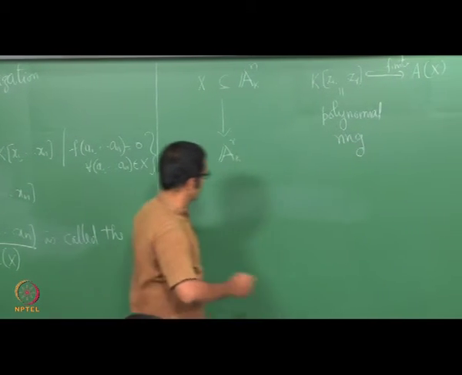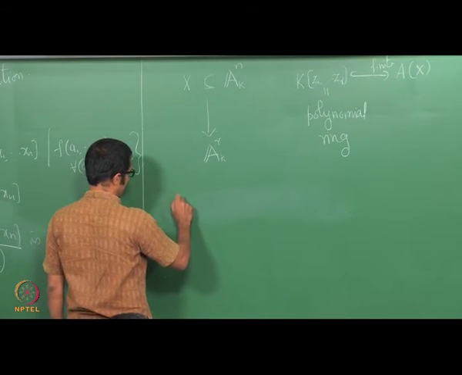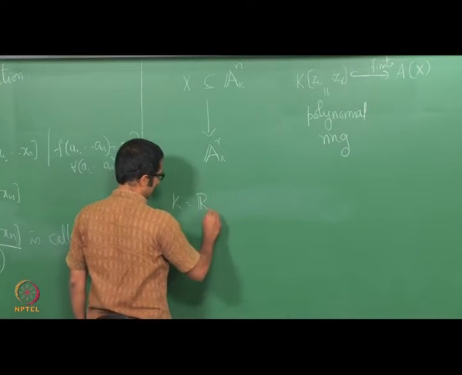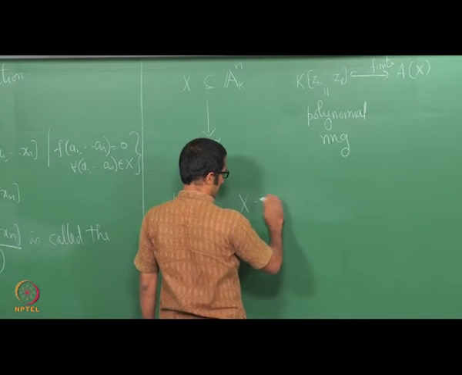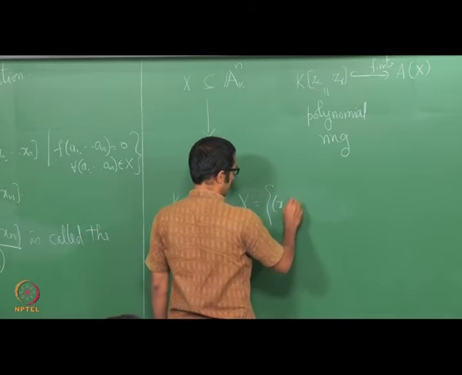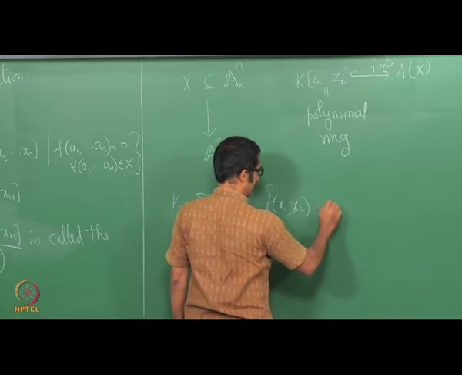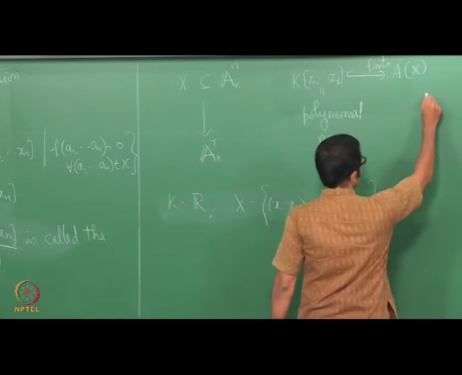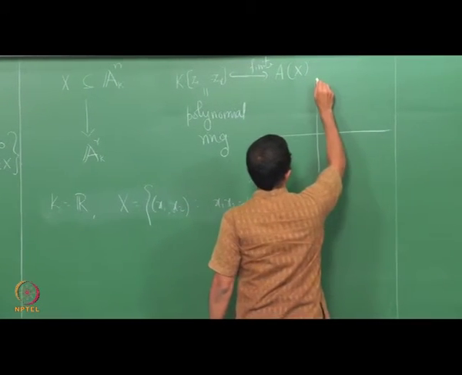For example, let us take K equal to R, and X equal to the zero set of all (x1, x2) so that x1 x2 is 1. It is basically this set.